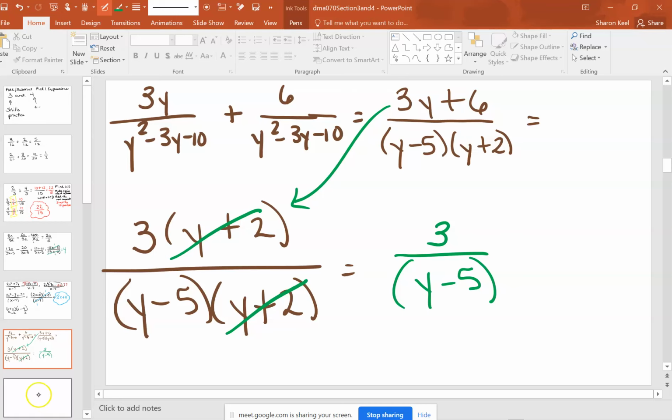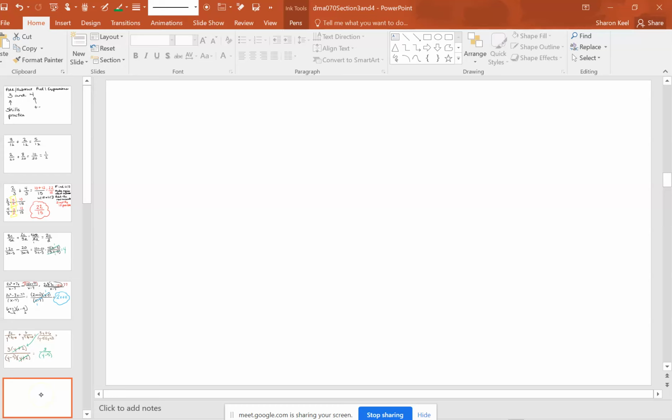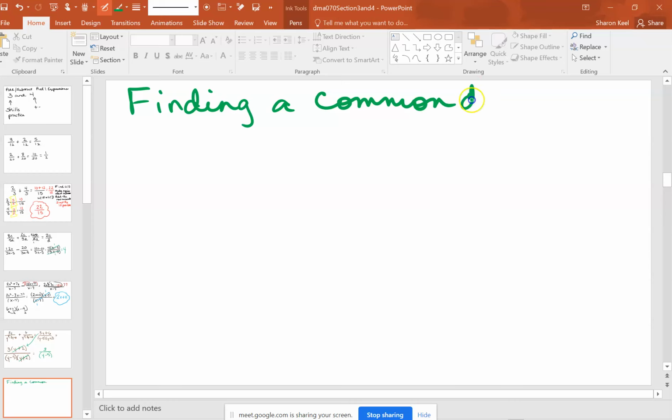Now, the next thing we're going to look at is finding a common denominator. Now, we're not going to have just whole numbers. We're going to also have a variety of variables.